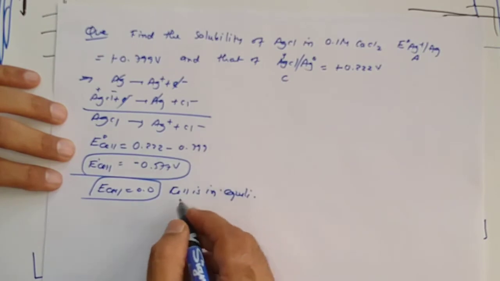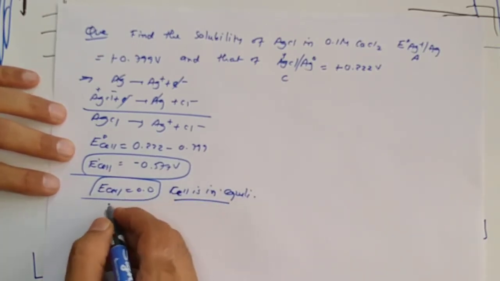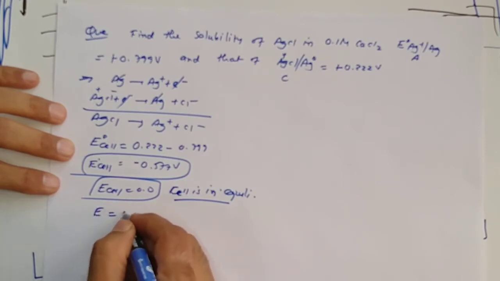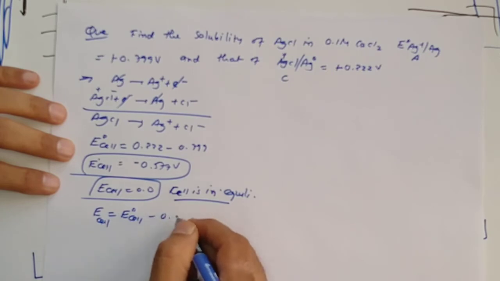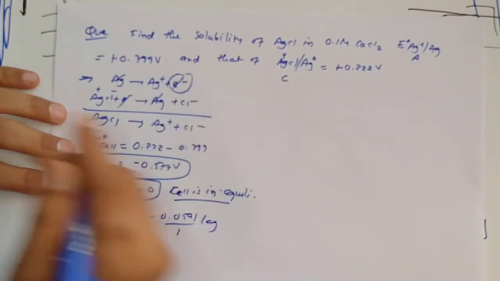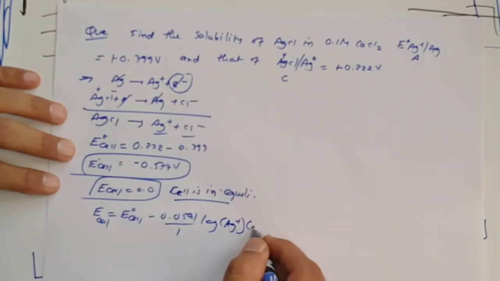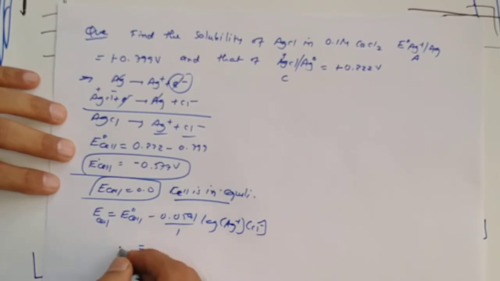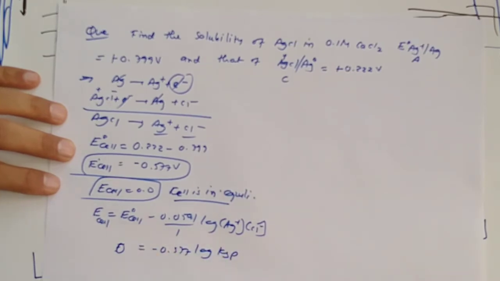Ksp is given, which means the cell is in equilibrium. So here E equals E degree cell minus 0.059 upon 1, n is 1, the number of electrons, log of Ag plus into Cl minus. So E cell is 0.